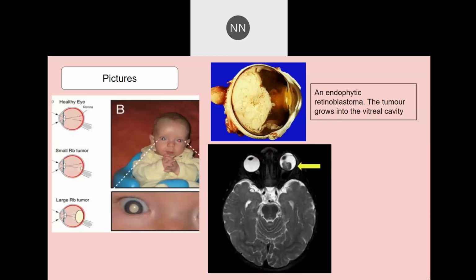If there is a large retinoblastoma tumor, no light can go to the retina. The picture above shows a tumor that can be seen in the eyeball. It is an endophytic retinoblastoma, where the tumor grows into the vitreous cavity. The one below is an imaging result that shows a tumor in the right eye. Okay. Next.